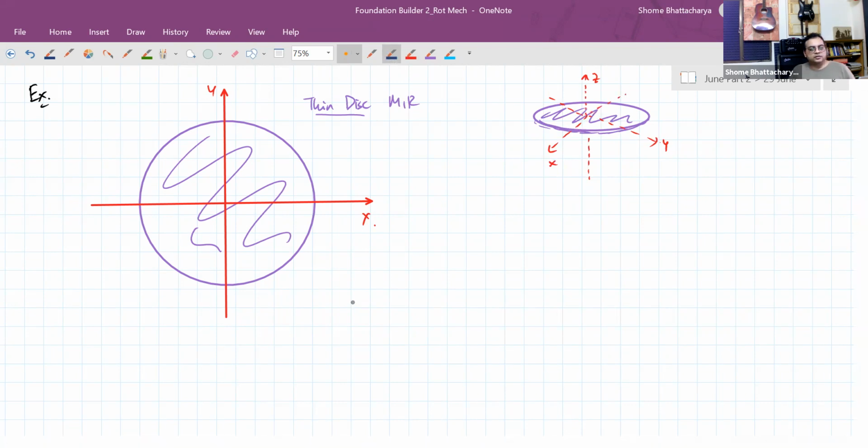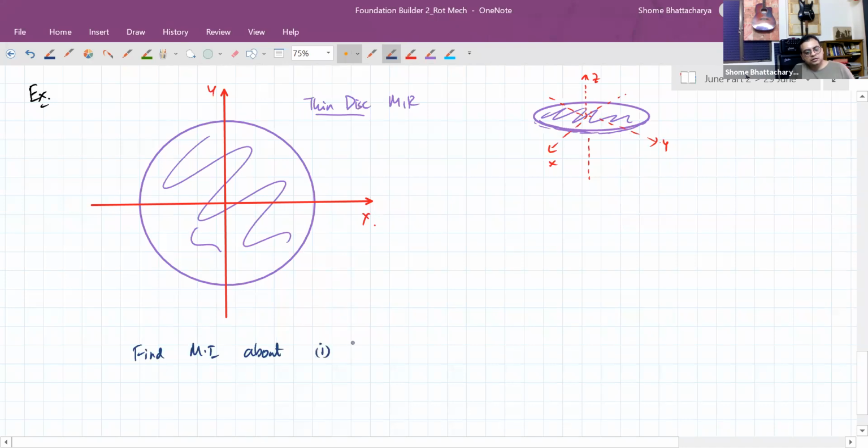So we want to find the moment of inertia about, first of all, a diameter axis. That is an axis passing through the center and in the plane.